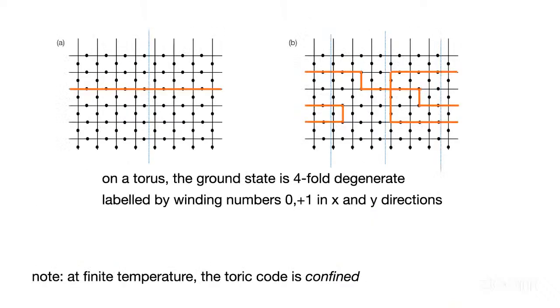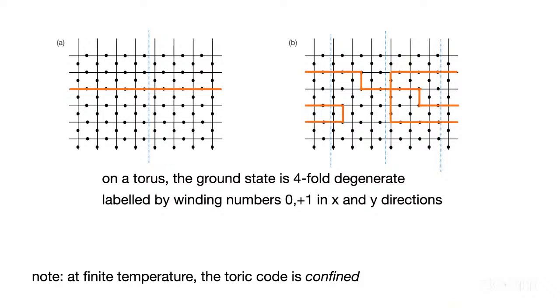Now, why is it topological? Suppose you are on a torus, then you can define two types of winding numbers. You can go like this, or you can go like this. Now, in the ground state, you can still have a loop that goes like this. This has a winding number 1. And it doesn't really matter if you look at figure A or figure B, it has the same winding number.